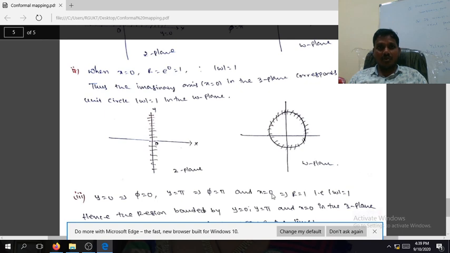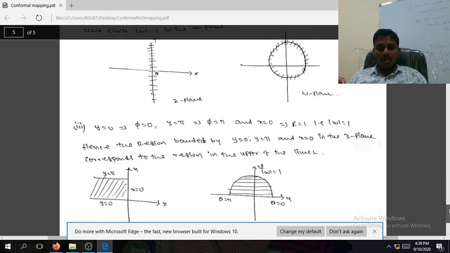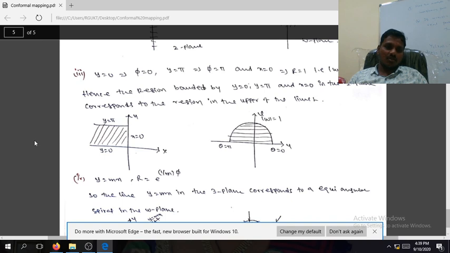The region bounded by y is equal to 0, y is equal to pi, x is equal to 0 in the z plane. This is the reason. If I am not writing x is equal to 0, you will consider this part also.